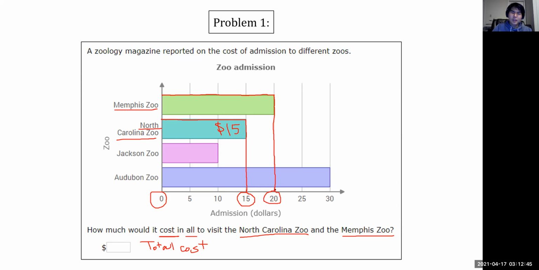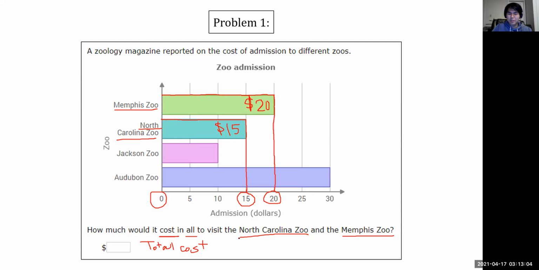And so the cost of admission for the Memphis Zoo is $20. Yay!